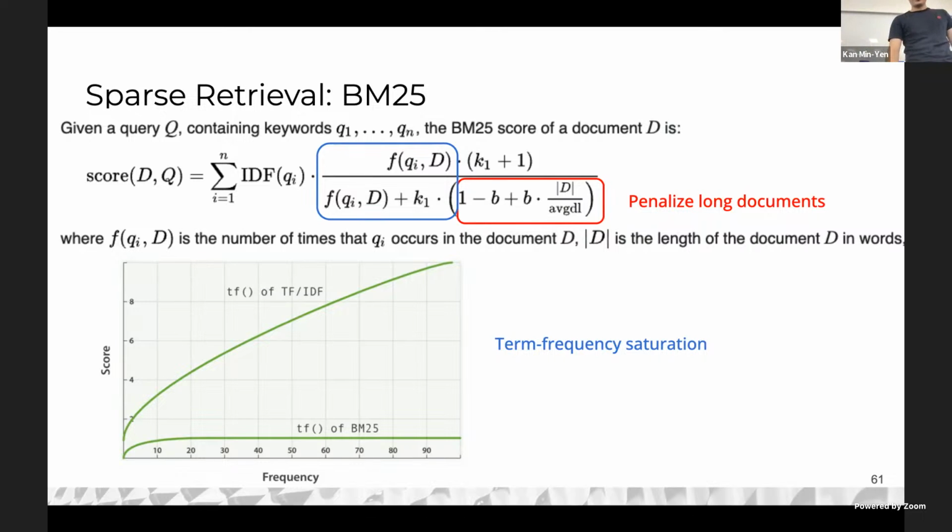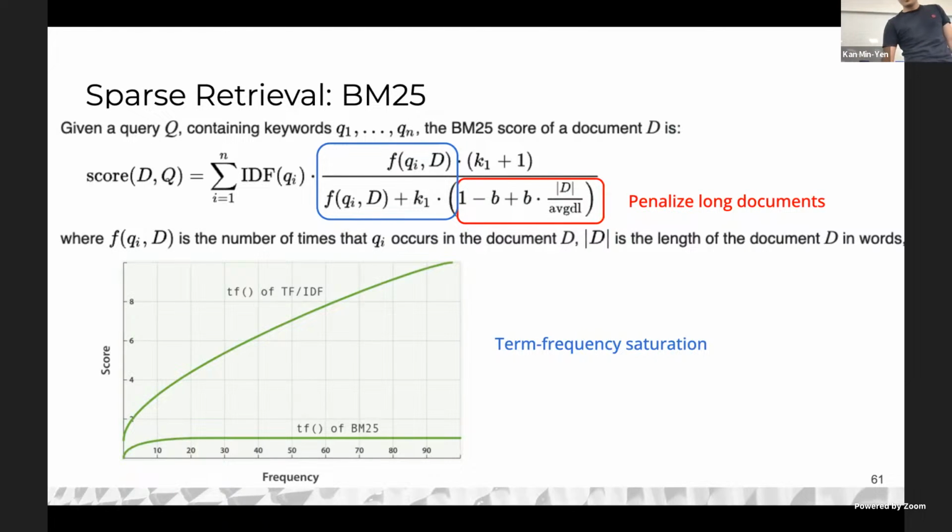So the authors propose a way to mitigate this. It is called term frequency saturation. When we add this into both the numerator and the denominator, eventually the score will just reach 1. It doesn't go up infinitely, which is what we want, because if it repeats too many times, it's not meaningful.